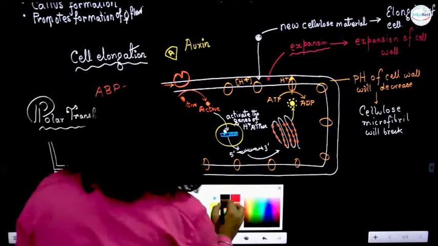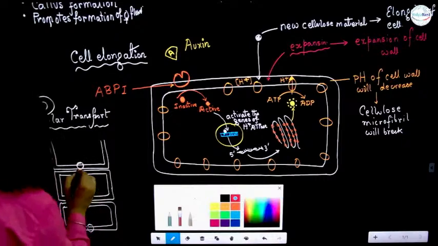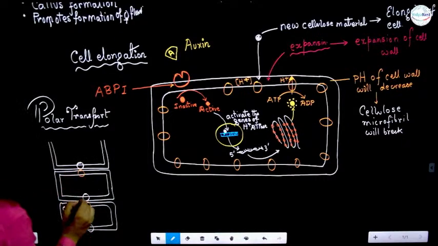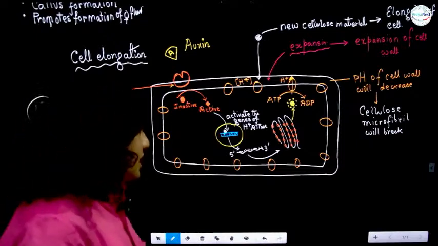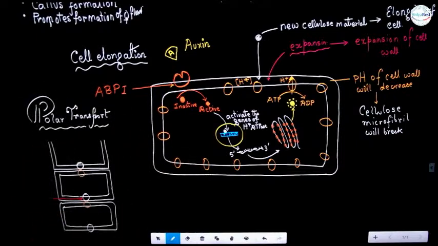Now, this particular transporter, which is present at the base, is known as the indole acetic acid efflux channel. That means they are responsible for effluxing the indole acetic acid. They are going to pump out the indole acetic acid. So these are known as auxin efflux carrier, which is also known as the PIN protein.